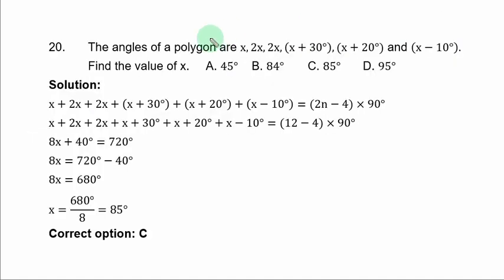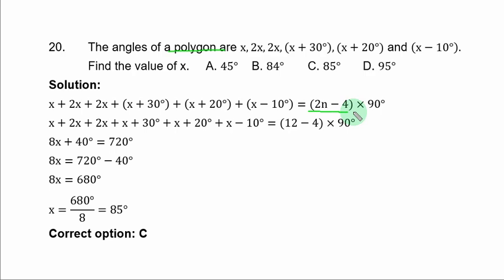Question 20. The angles of a polygon are S, 2S, 2S, S plus 30 degrees, S plus 20 degrees, and S minus 10 degrees. Find the value of S. If you add all the angles, it is equal to the sum of interior angles of a polygon, that is 2n minus 4 times 90 degrees, or n minus 2 times 180 degrees.